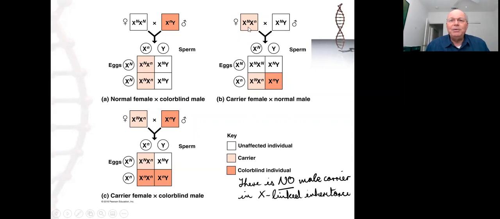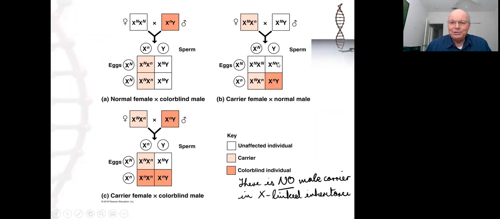Now we have the situation where the mother is a carrier and the father is perfectly normal, does not have color blindness. So all of the females receive an X big N from their father, but half of them receive an X little n from their mother. Remember, 50-50 chance.